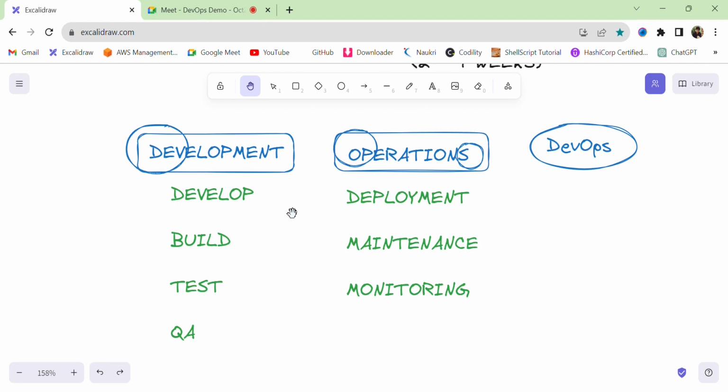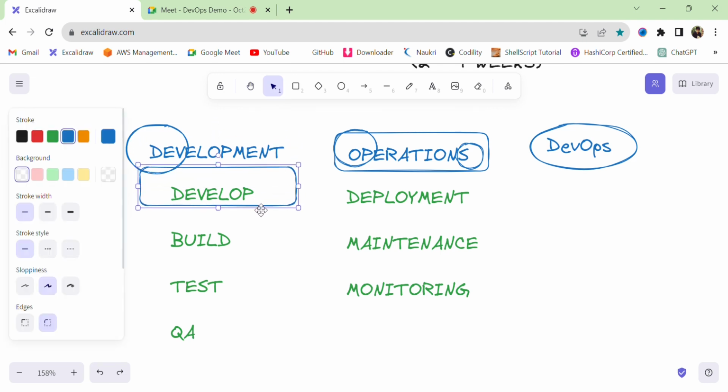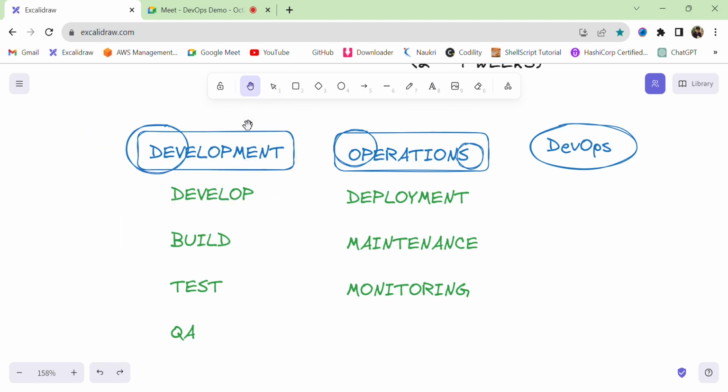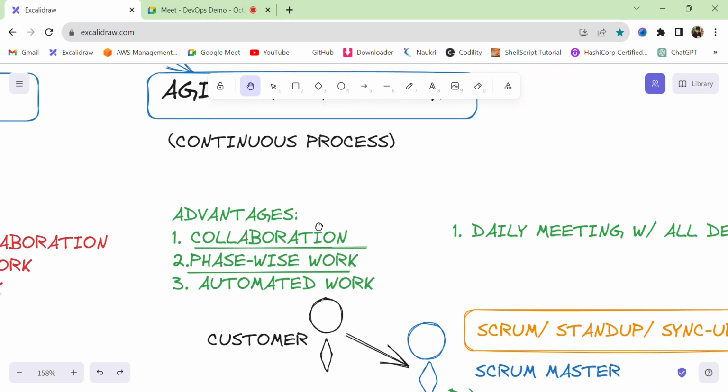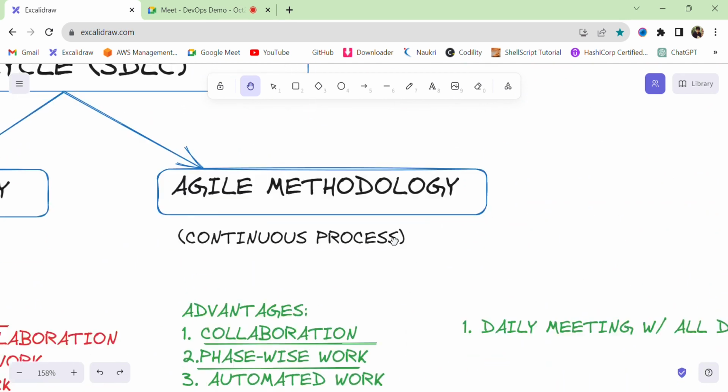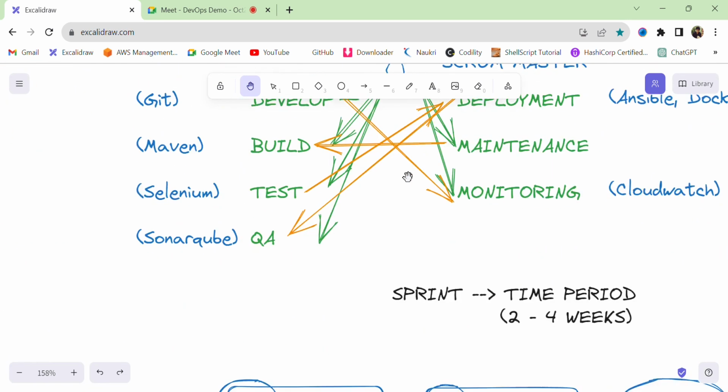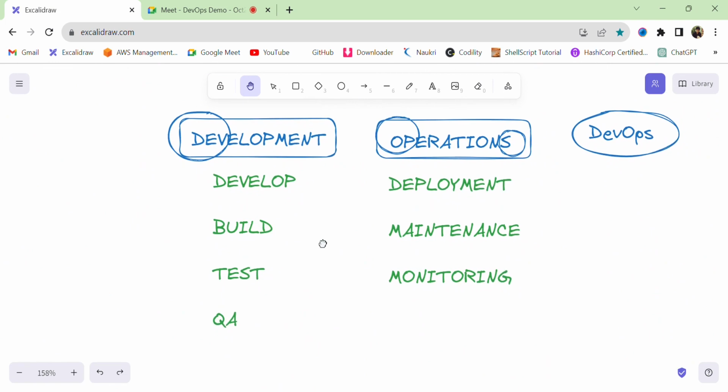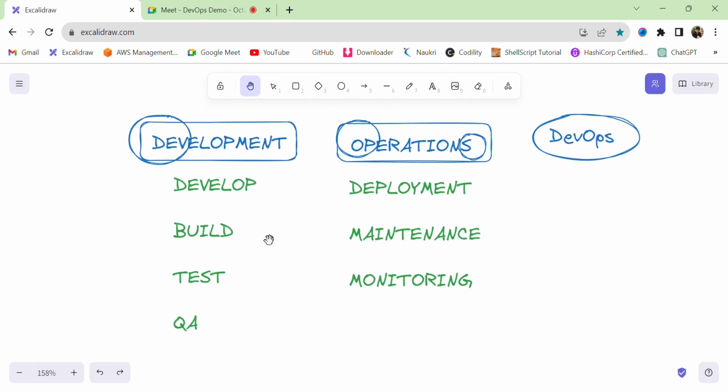Okay, so DevOps is not a technology. Let me just clear your doubt. DevOps is not at all a technology. DevOps is just a method. It is just a process which is derived from Agile itself. DevOps itself is a part of the Agile methodology which follows all the fundamentals of Agile. Agile focuses more on internal collaboration and customer collaboration and making use of automated tools, and not on a phase-wise process.